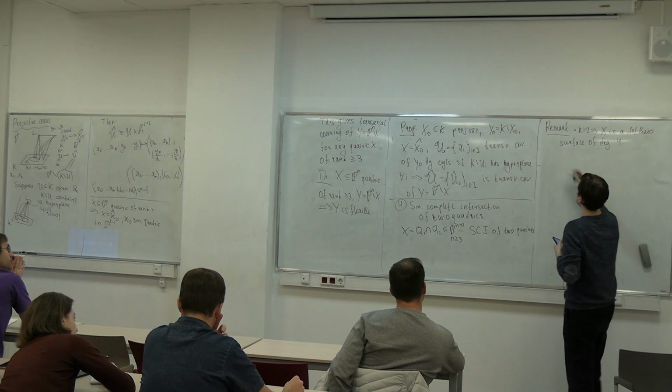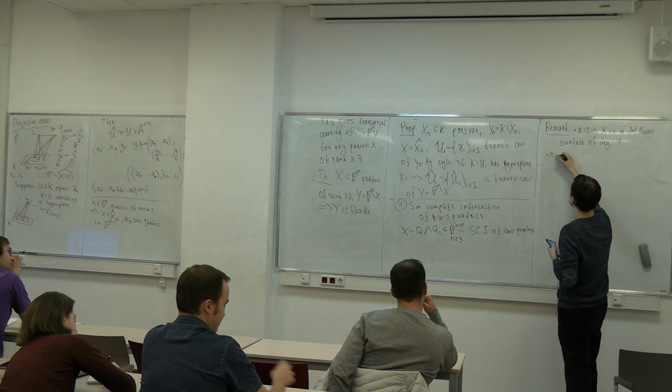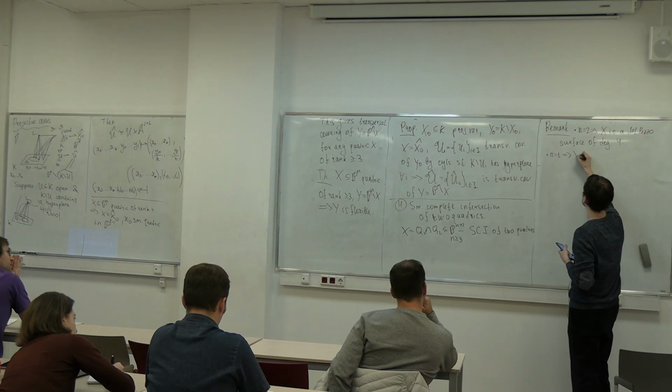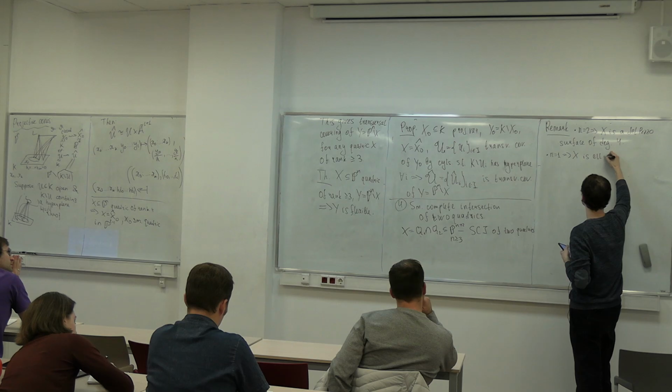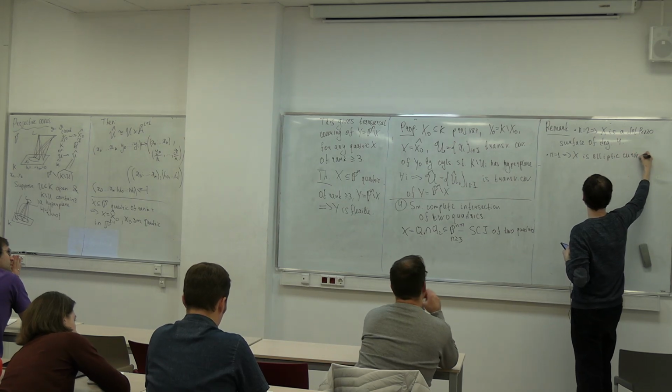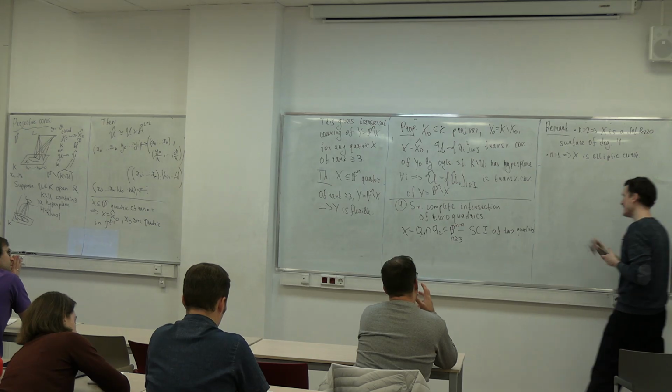And if n is 1, then there is no flexibility because X would be just an elliptic curve.